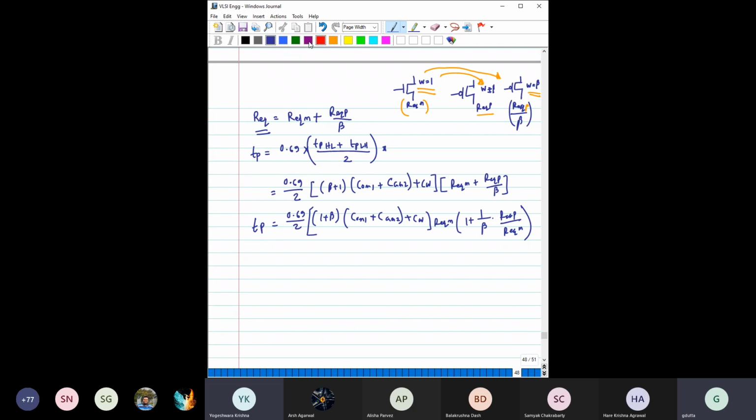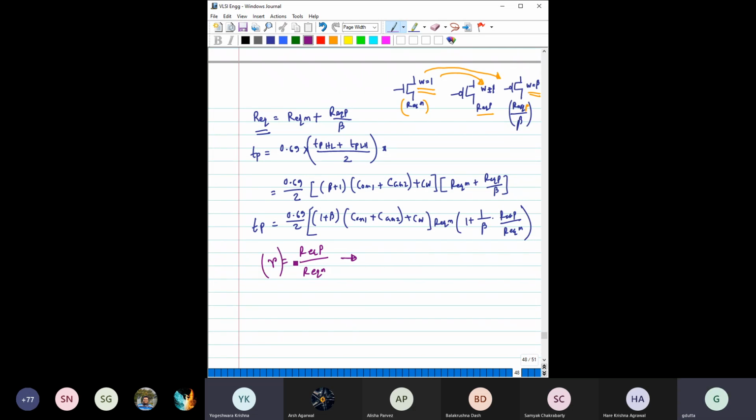Now, let us write R is equal to R equivalent of P by R equivalent of N. Could you please say what is this R?